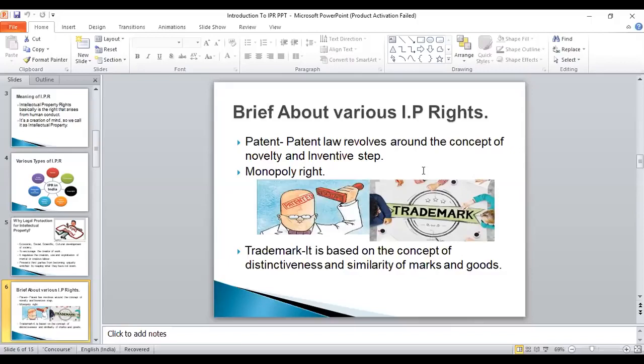I'll give you another simple example related to passing off. Suppose Ram is a manufacturer selling cosmetics under the brand name of Chimpu. Now Sham, his neighbor, started selling his cosmetics under the brand name of Dimpu.